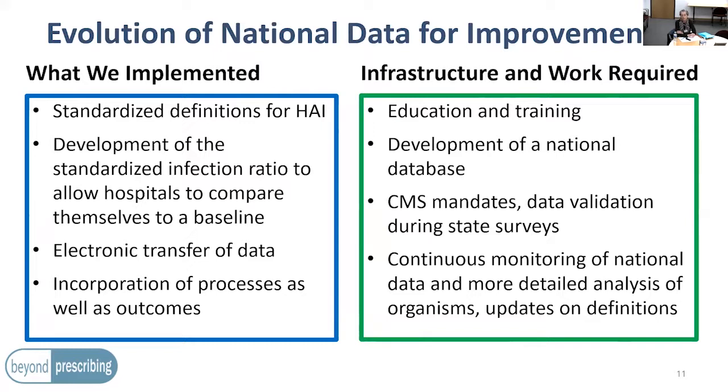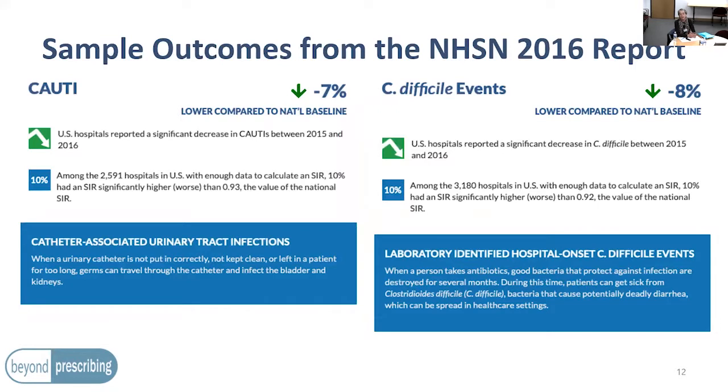So next slide. So here is the NHSN 2016 National Report for Acute Care Hospitals. Although these data are for 2016, the report comes out about 2 years later, or at least 18 months later, in 2018.